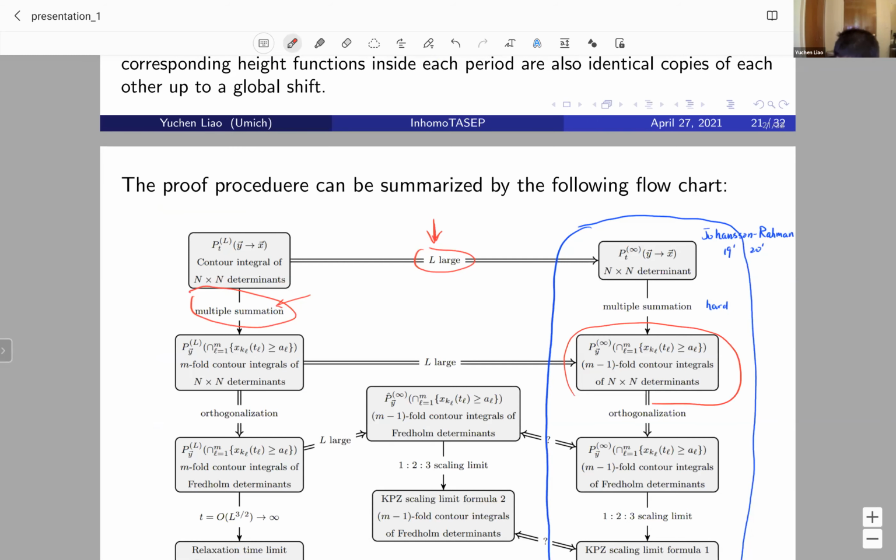So at the level of contour integrals of n by n determinants, the two are precisely the same. So after the orthogonalization, they should also be the same because orthogonalization doesn't change the determinant. But I just don't know why the two Fredholm determinants should be the same.